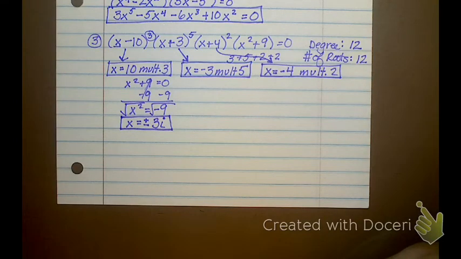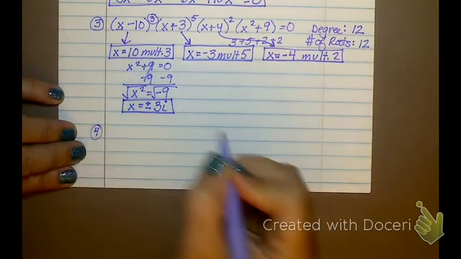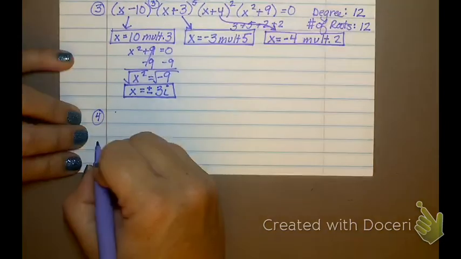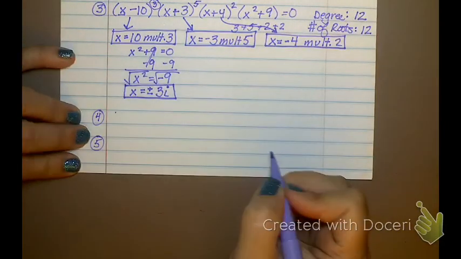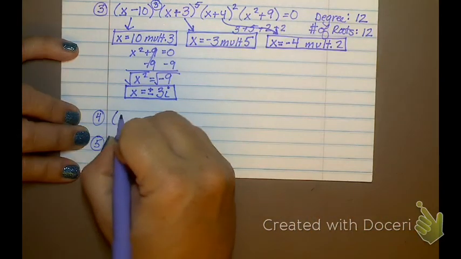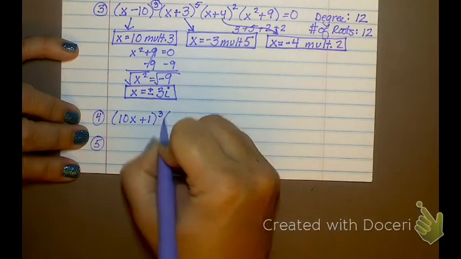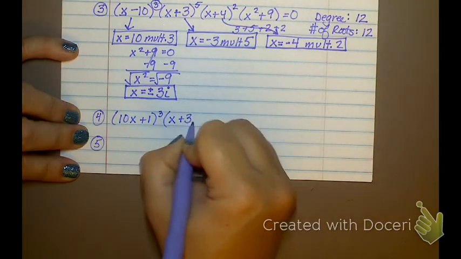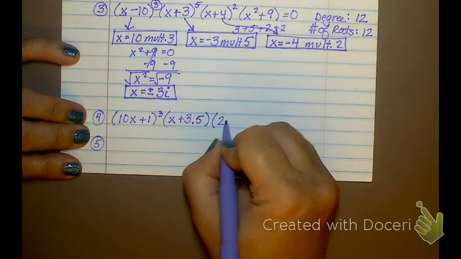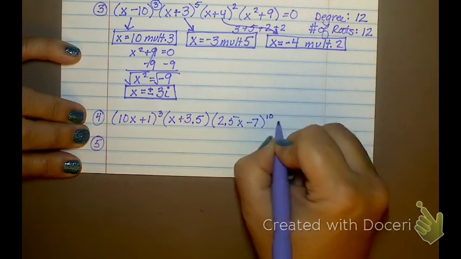Okay. The last thing I want to show you, you don't necessarily need to write it down unless you want to. All I want to do is write down 2 equations, and I want you to tell me the degree and therefore the number of roots. Okay? So here we go. We're not actually going to find the roots, but 2.5x minus 7 to the 10th equals 0.